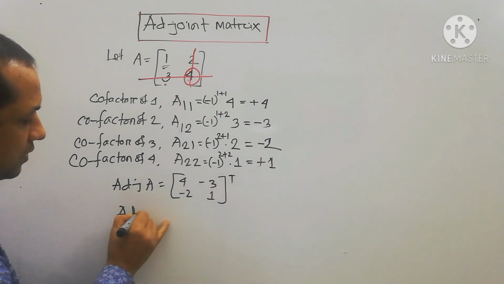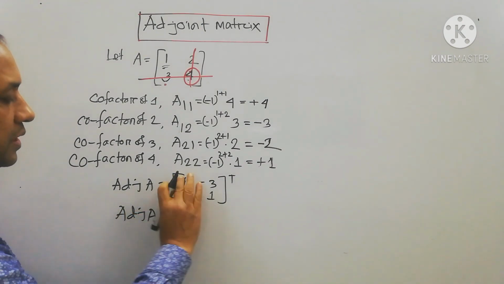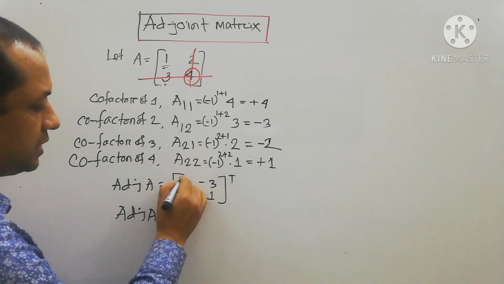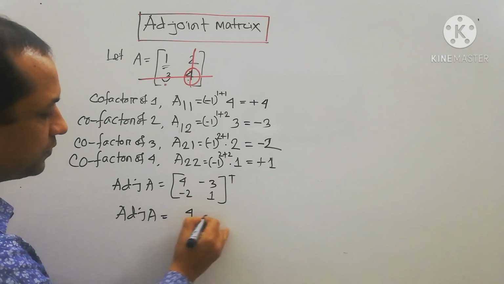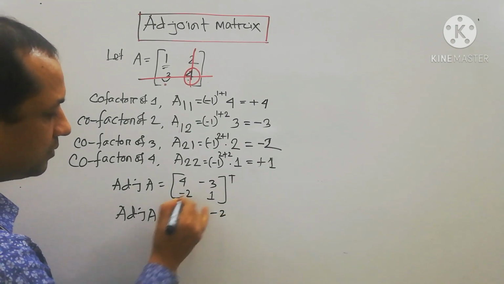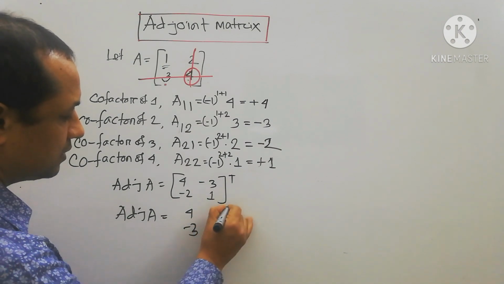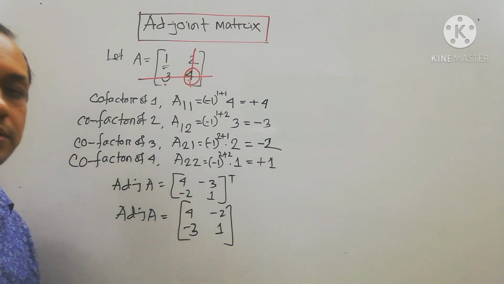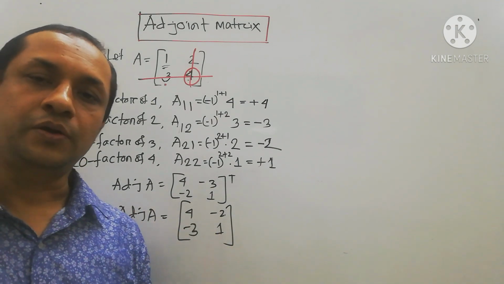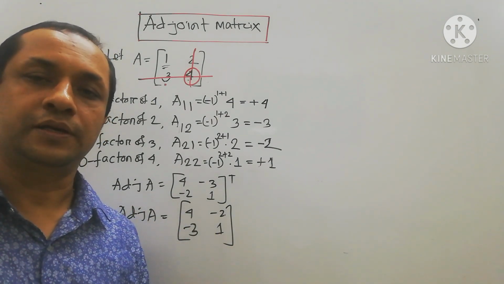So adjoint of A equals, now interchanging row and column, so 4, minus 2 and minus 3, 1. This is the adjoint matrix. I hope that student you are clear.